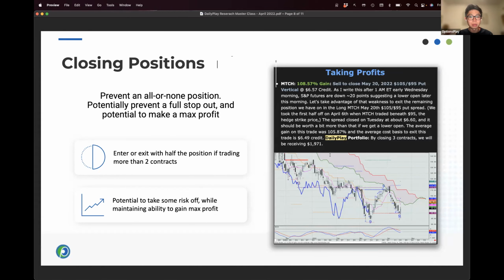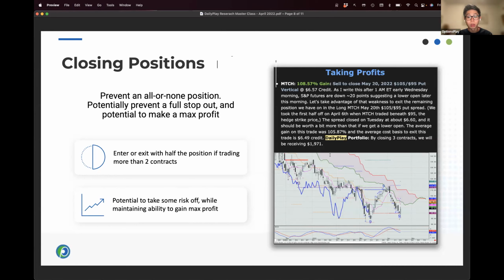So you're going to see sometimes when we communicate to you that we are closing half the position or closing the rest of the position. This is an important thing to understand. Because we are now communicating to you how many contracts we're opening, we're also going to communicate to you at the moment if we're closing the full 4 contracts. For example, for Eli Lilly, we opened up 4 contracts.